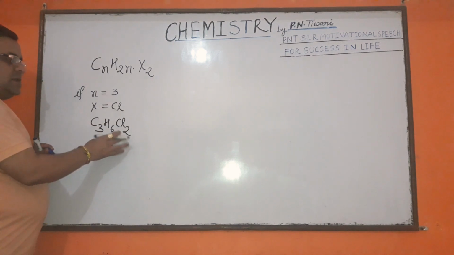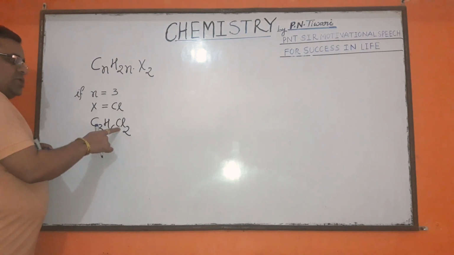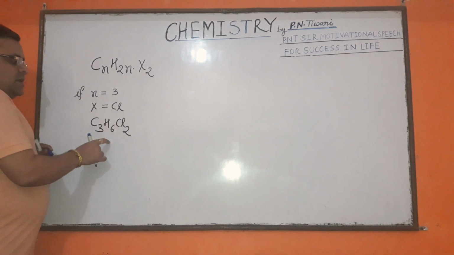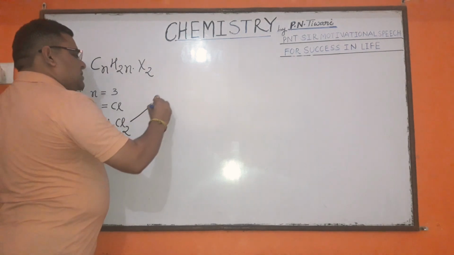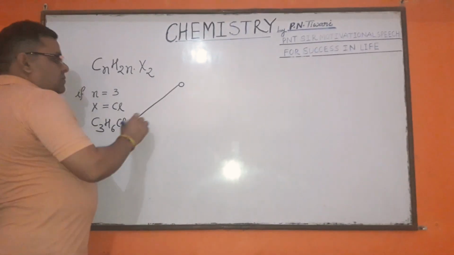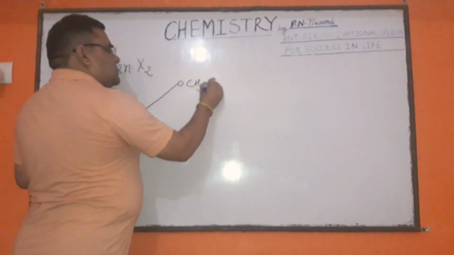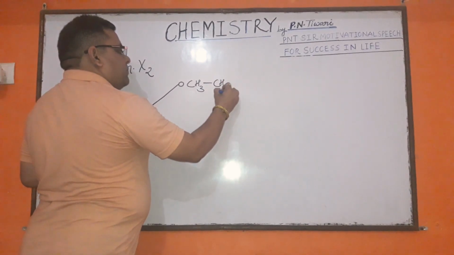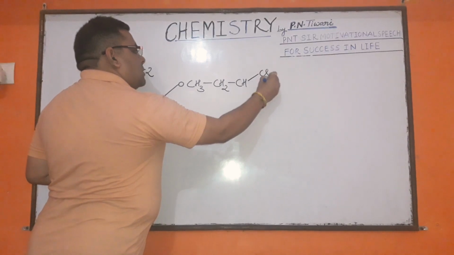Since this dihalogen derivative has 2 chlorine, therefore on the basis of position of these 2 chlorine atoms, the structure of such type of dihalogen derivative can be described as: the first structure of this dihalogen derivative will be CH3, CH2, CHCl2.